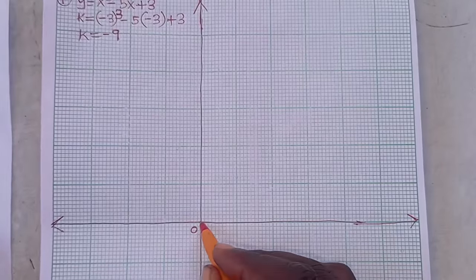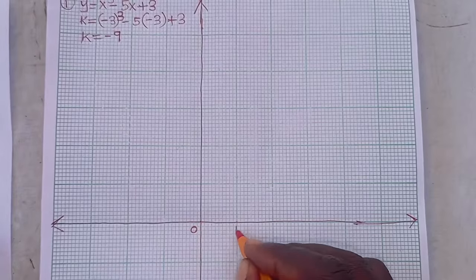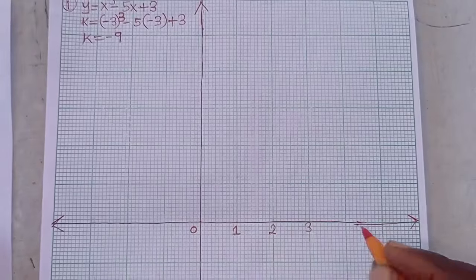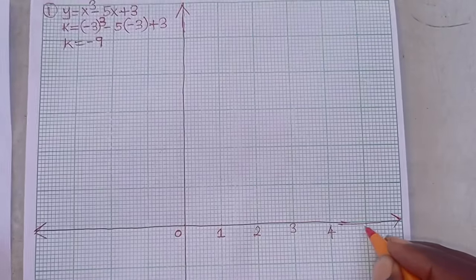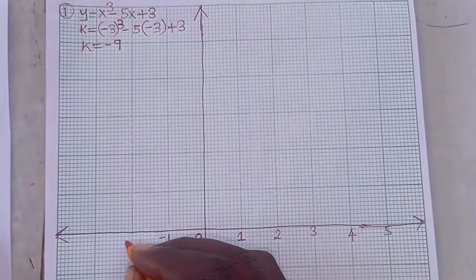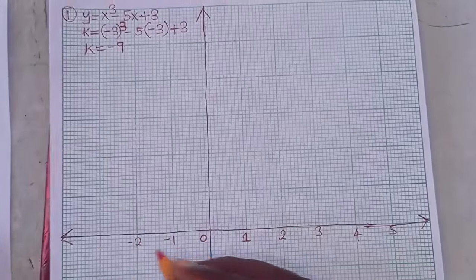So 2 centimeters is from here to there. So meaning that here I put 1, 2, 3. I can complete if I want. There is no problem. Here I say -1, -2, -3 like this. This is what I'm going to do like this.